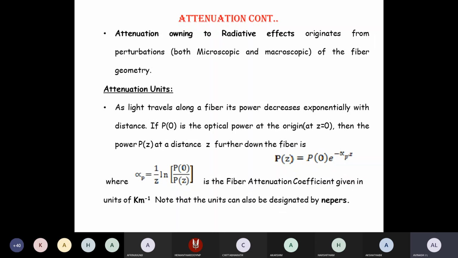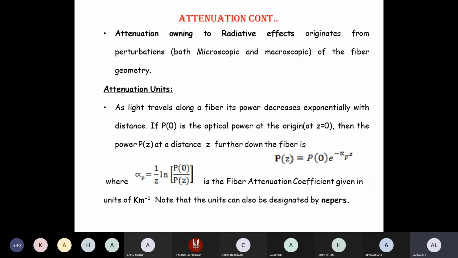So as the distance increases, up to a certain distance the light will travel correctly, but after crossing some threshold, the wave gets attenuated exponentially.